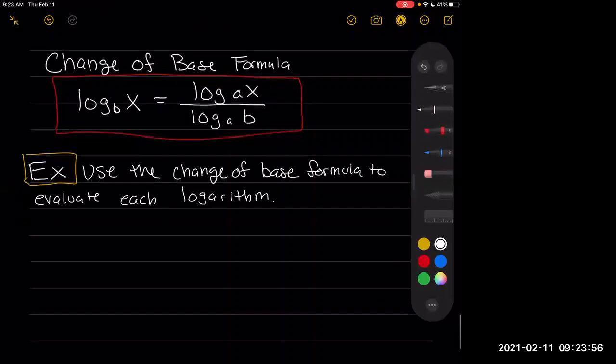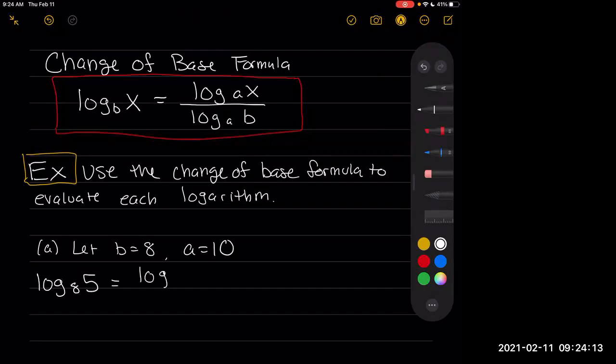So for the first one, we're going to let b equal 8 and a equal 10. So if we're going to look at log base 8 of 5, that will look like log base 10 of 5 over log base 10 of 8. And when you plug this into a calculator, you get 0.77398.